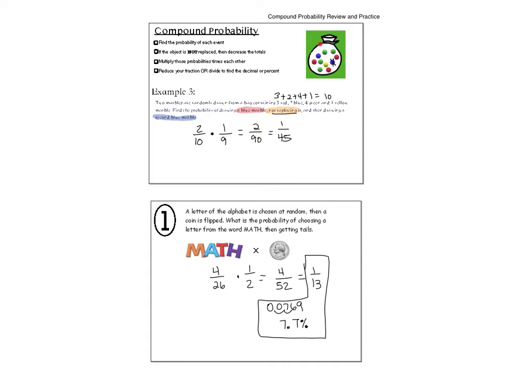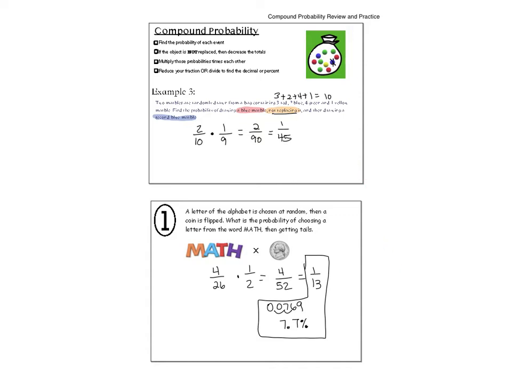And then in our third example here, it was also a dependent event because not only were we not replacing that blue marble, but then we were drawing another blue marble. And so there were 2 blue marbles and 10 total marbles, but we took that blue marble away. So now the second event of drawing another blue marble, there's only 1 blue marble remaining and only 9 total marbles in the bag.